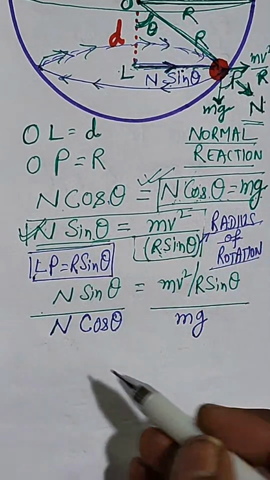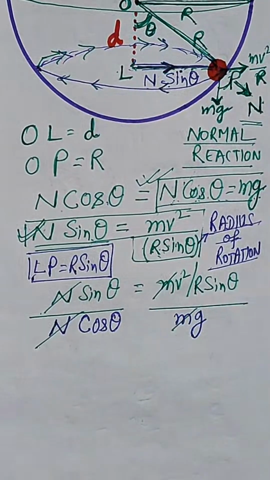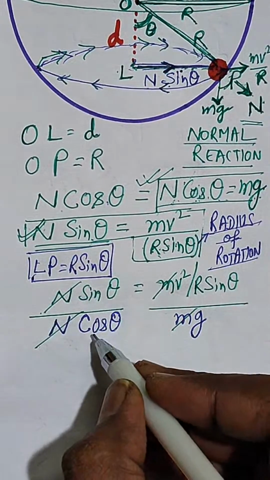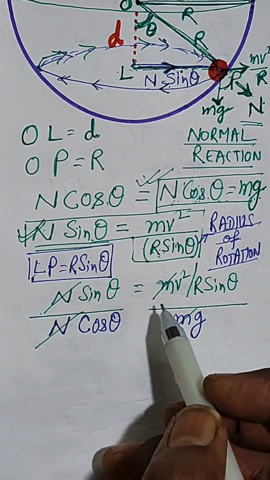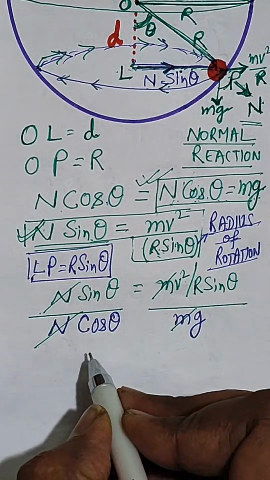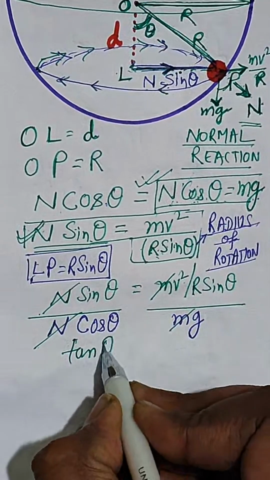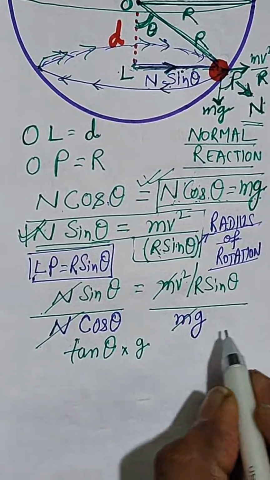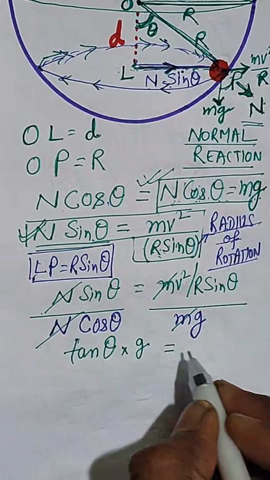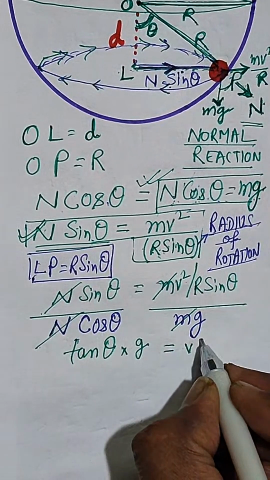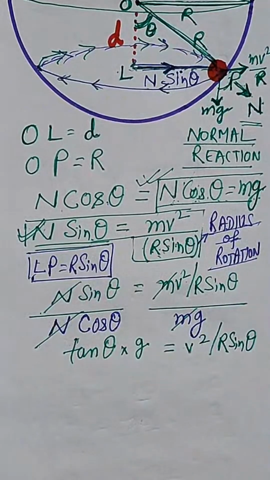Now here you can see N will be cancelled out, even m will be cancelled out, right? And sin theta by cos theta is nothing but tan theta, right? So we can write that tan theta into g is equal to v square by r sin theta, isn't it?